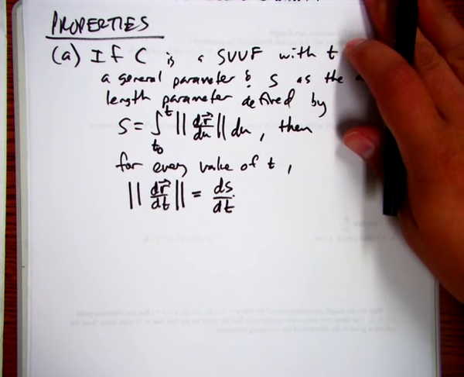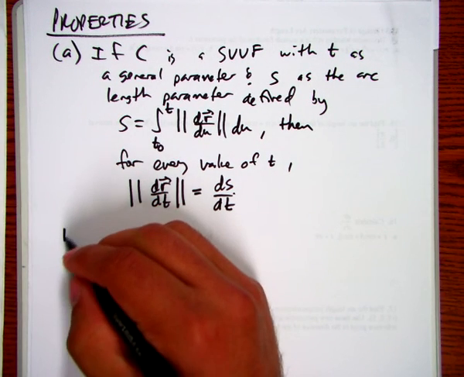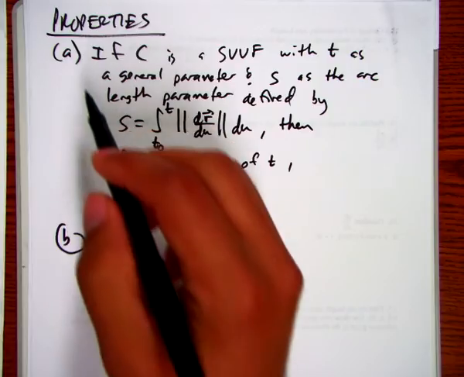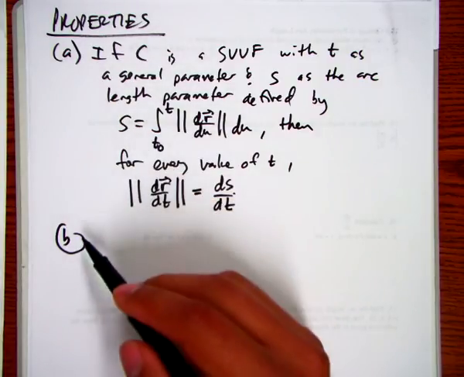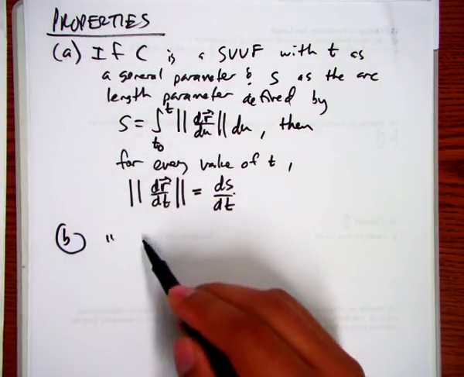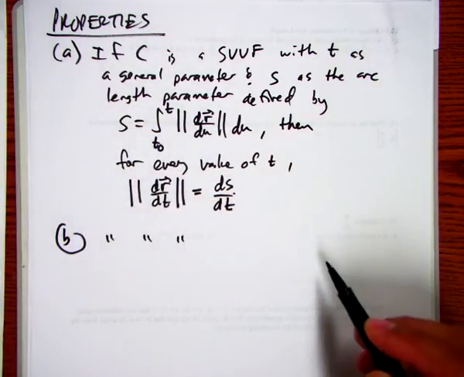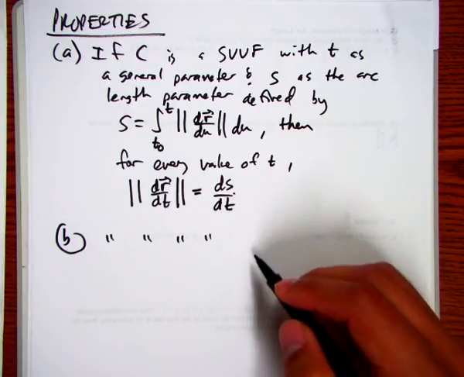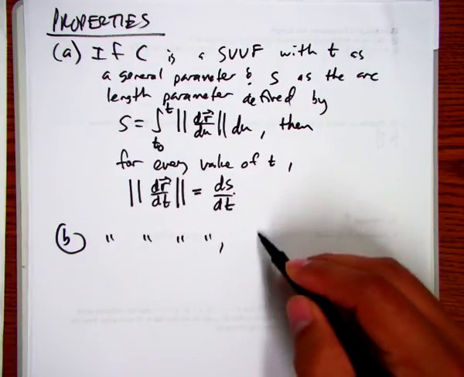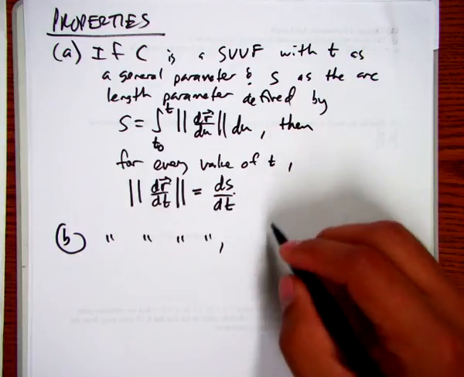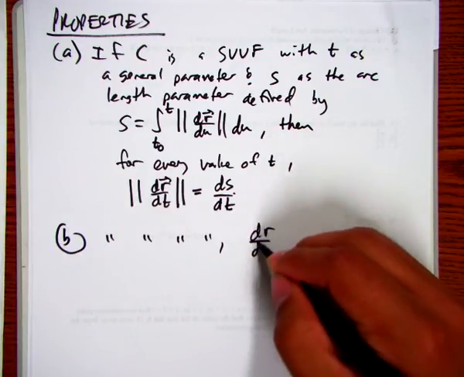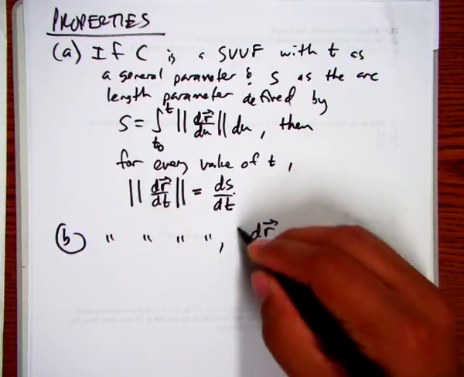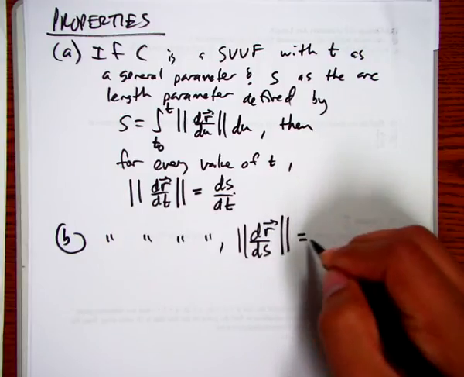Okay? Second one, same assumptions. Then we have the magnitude of dr ds is going to equal 1.